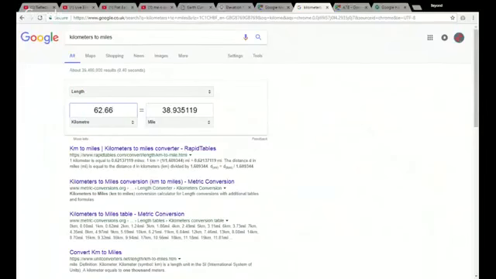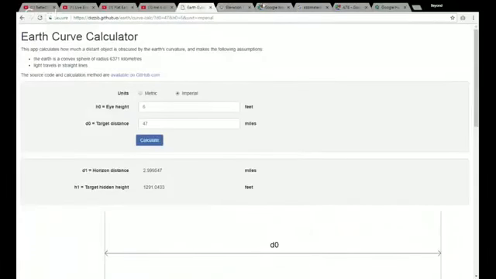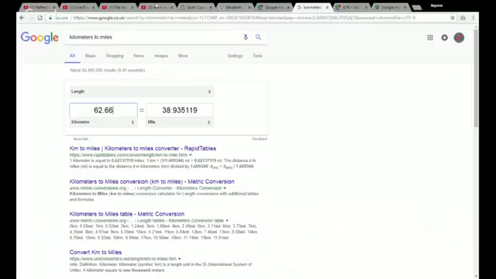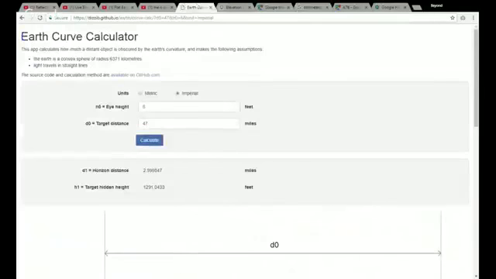So 38.9 miles. Right. Earth calculator. 38.9 miles, 6 feet, calculate: 859 feet. Okay, so that is for observation 1.